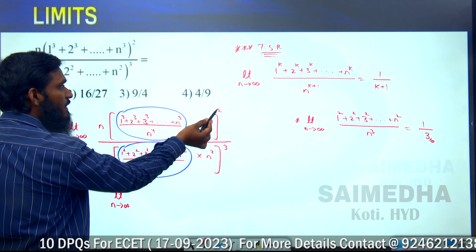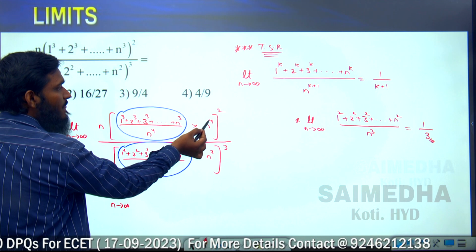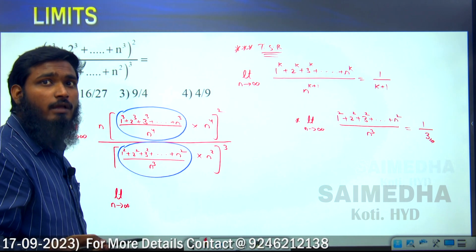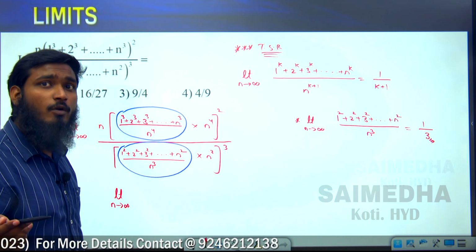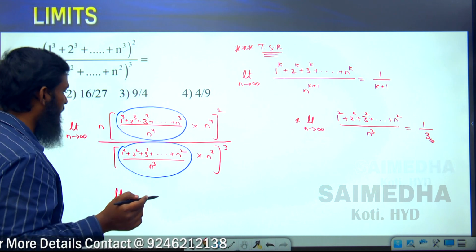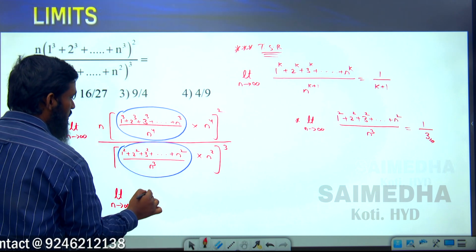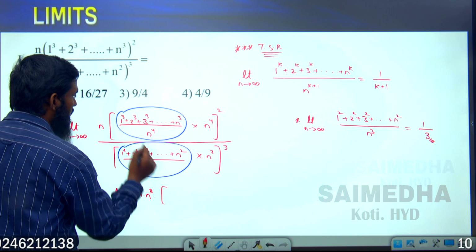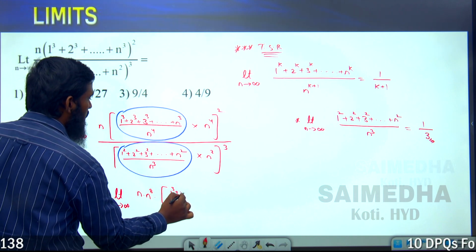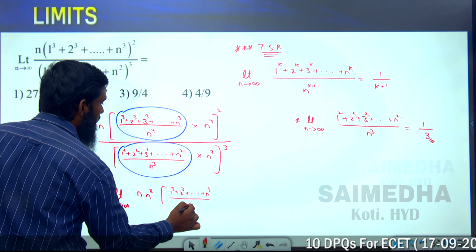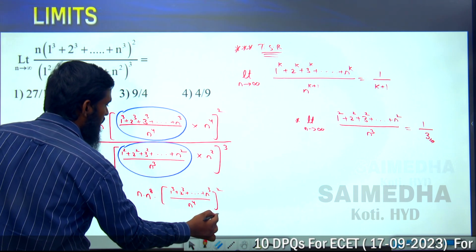N power 4 whole power 2: power to the power means multiplication, 4 twos are 8. So already we have n over here, and this part becomes n power 8. The leftover part is 1 cube plus 2 cube plus so on up to n cube divided by n power 4, whole square. Numerator is completed.